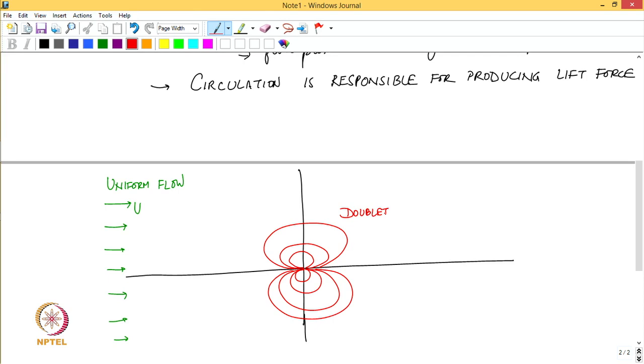We saw in the previous lecture that when we add these two, we get flow past a circular cylinder, but without any force. Now, what I am proposing is to include on top of this problem a free vortex, and we will include a negative vortex. A negative vortex is one which has a circulation in the clockwise direction. So, we will have a negative free vortex.